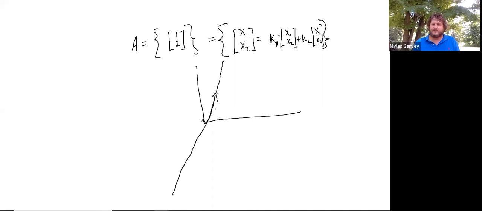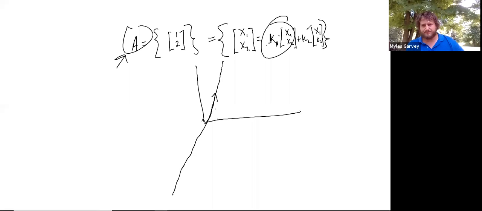So any vector that lies on this line is also in the set A. And if I take any two vectors, scalar multiples of that vector, I'm going to get another vector on that line. How do I know this is a vector space? You could prove it by taking any two vectors from A and proving that I can write it as a scalar multiple or an addition of a scalar multiple of the original vector (1, 2).